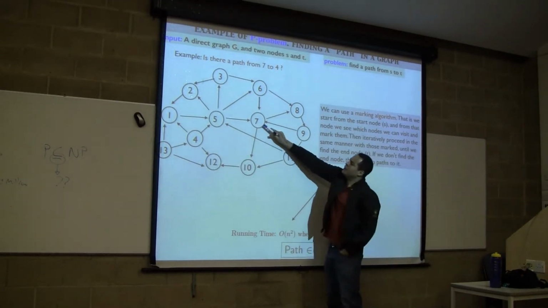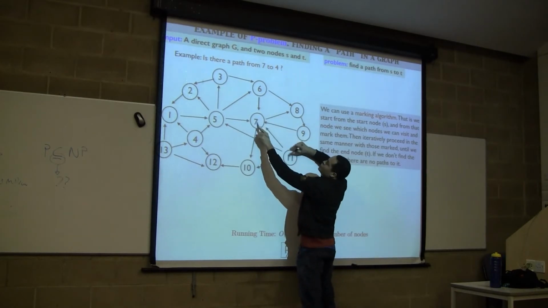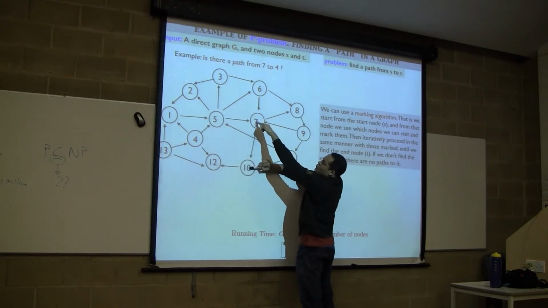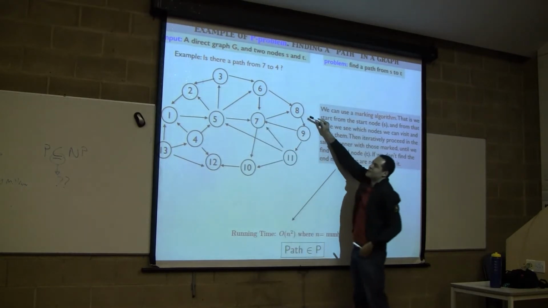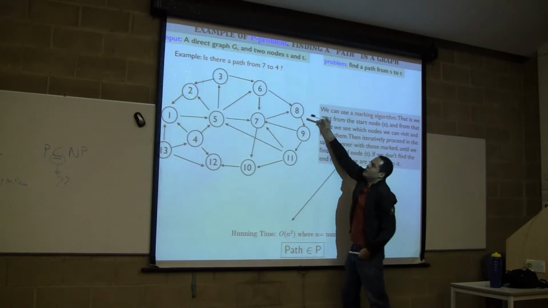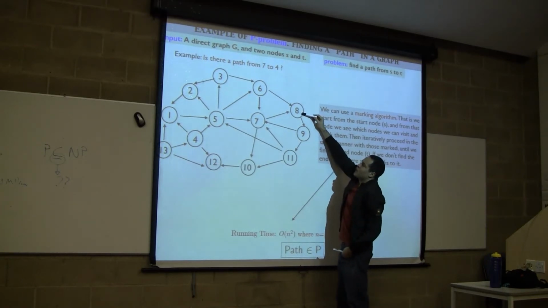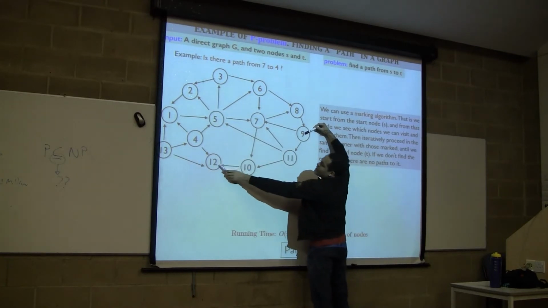So you've marked 7, that's your initial state, and from 7 you go to 8, so you mark 8. And from 7 you go to 10, you also mark 10. Once you mark these, you go to those marked nodes and continue the same procedure. You look at all the edges that come out from 8 and mark again, and likewise for the other node, and so on.